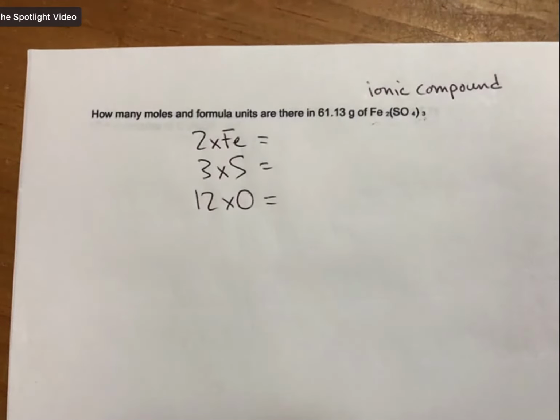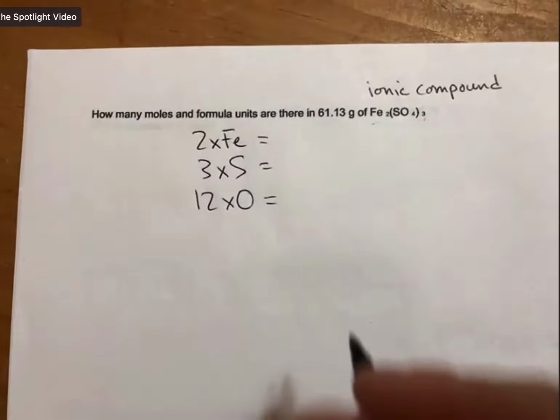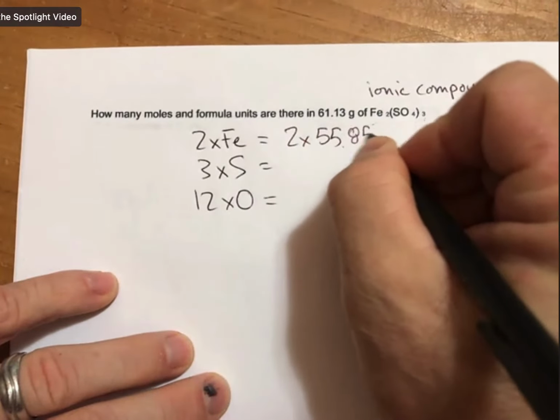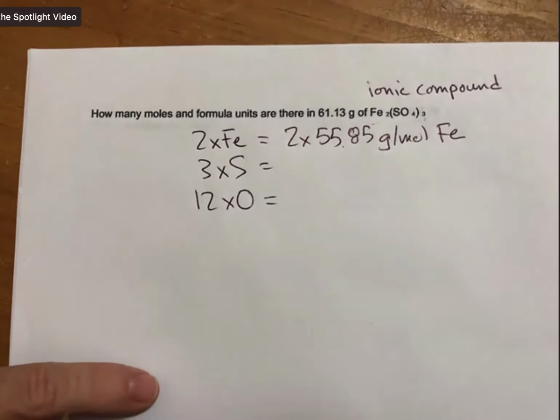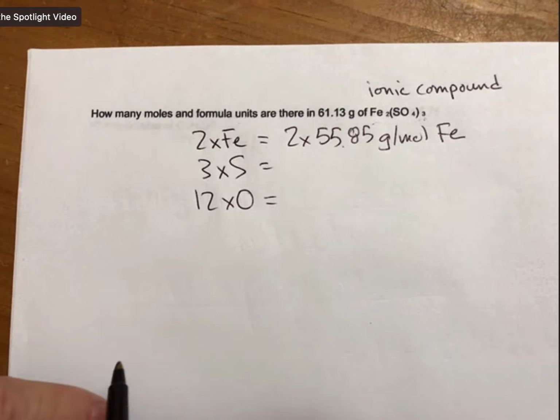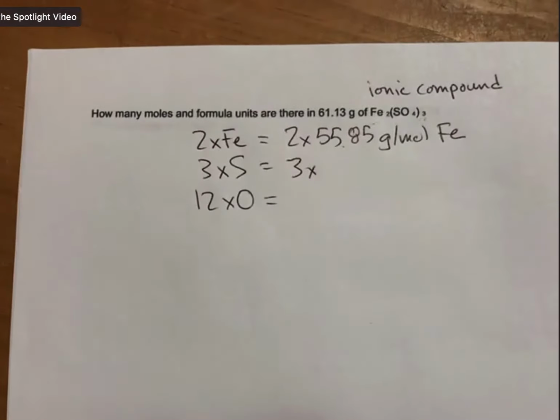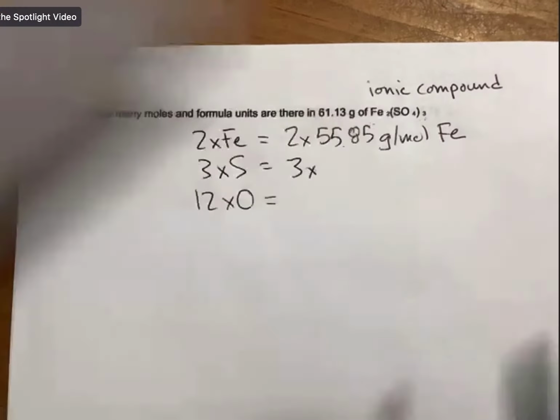So we go to our periodic table. For iron, 55.85. We have 2 times 55.85 grams per mole iron. We have 3 times, again just looking at the boxes on the periodic table, 32.07.